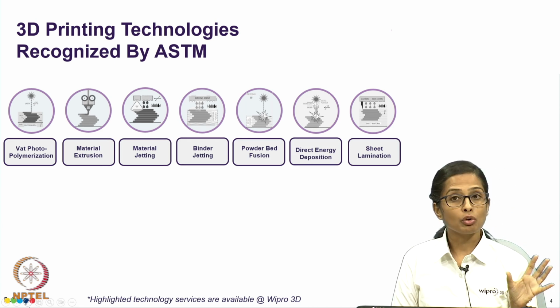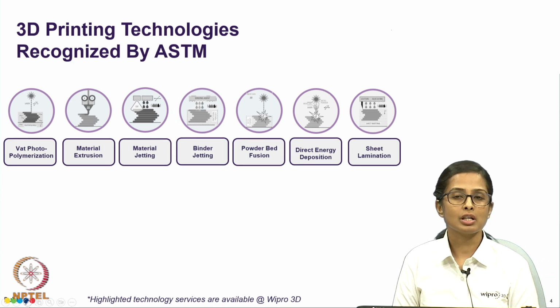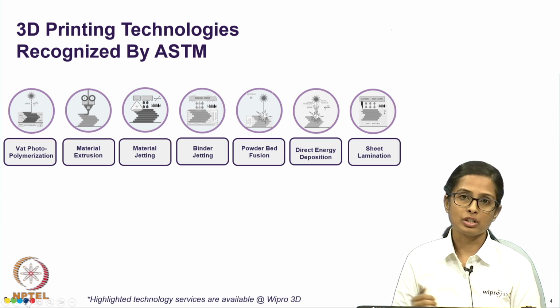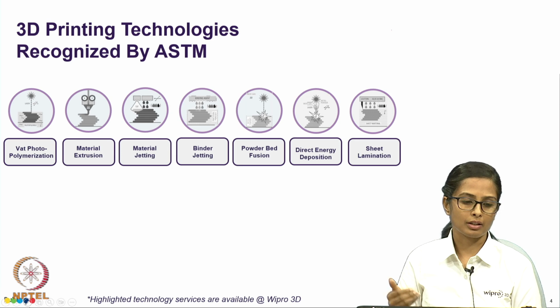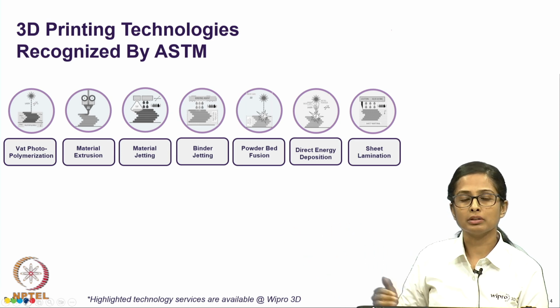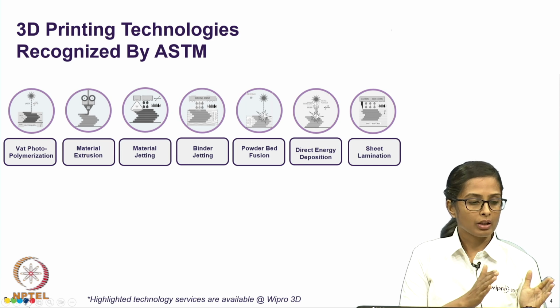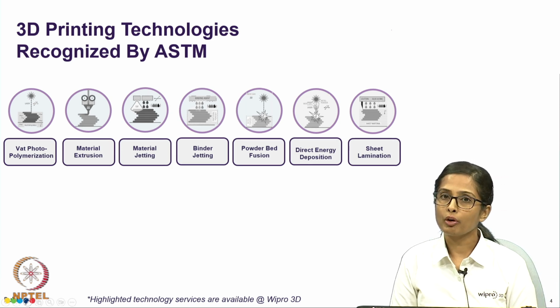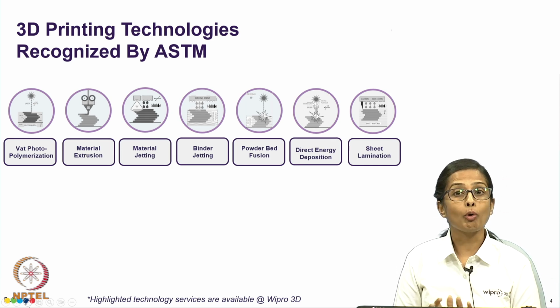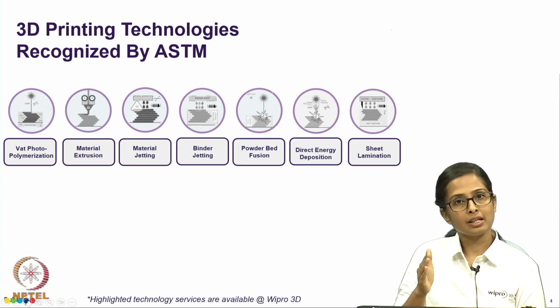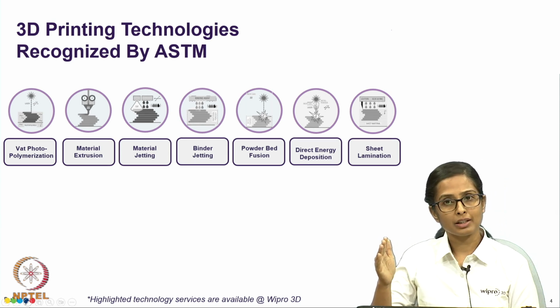So, vat photopolymerization, like I was saying, was one of the first technologies put under this category, and then we have other technologies like material extrusion, material jetting, binder jetting, and a lot of other things that came up. Usually with vat photopolymerization, a lot of polymers can be printed, as is the case with material extrusion or material jetting.